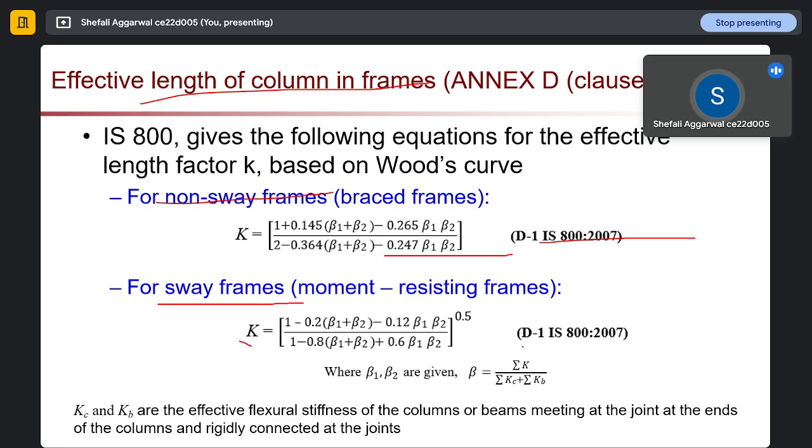You can just go through IS 800 and you will find all these formulas directly there. Beta 1 and beta 2 are usually given in the question, and beta is given by this equation. Kc, K1, K2 and Kb are the effective length flexural stiffness of the column or beam meeting at the joint at the end of the column and rigidly connected to the joints.